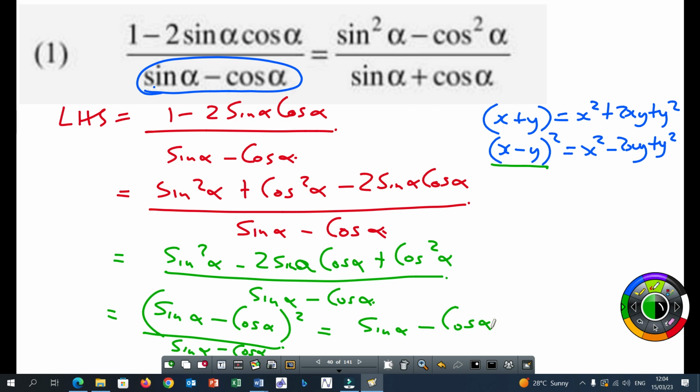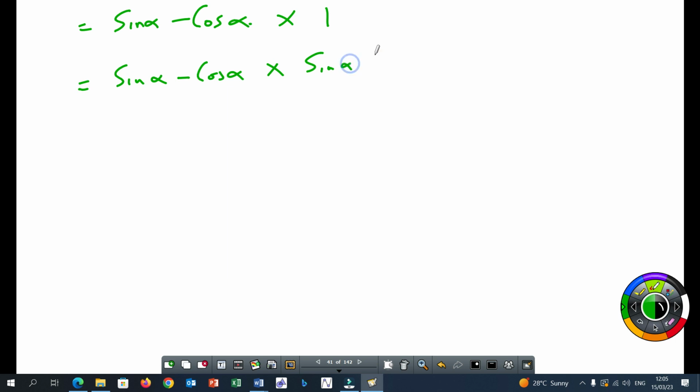I stopped at sine alpha minus cos alpha. If I multiply this by 1, my 1 is going to be equal to the conjugate of this, which means I'll put a plus. So this will be times sine alpha plus cos alpha all over sine alpha plus cos alpha.